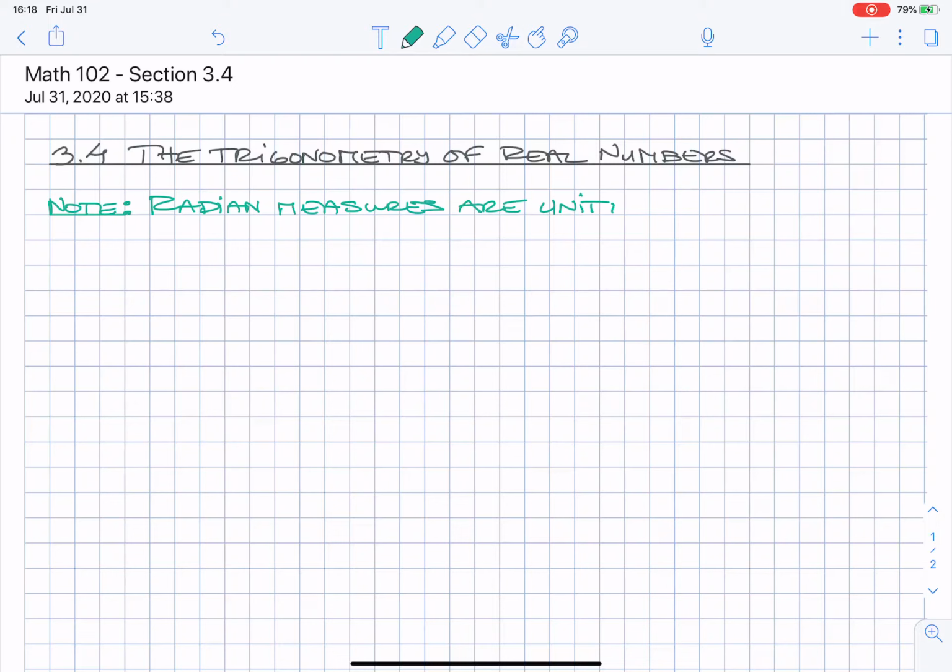That is, n radians is equivalent to some number n, a real number, so n is an element of the real numbers.